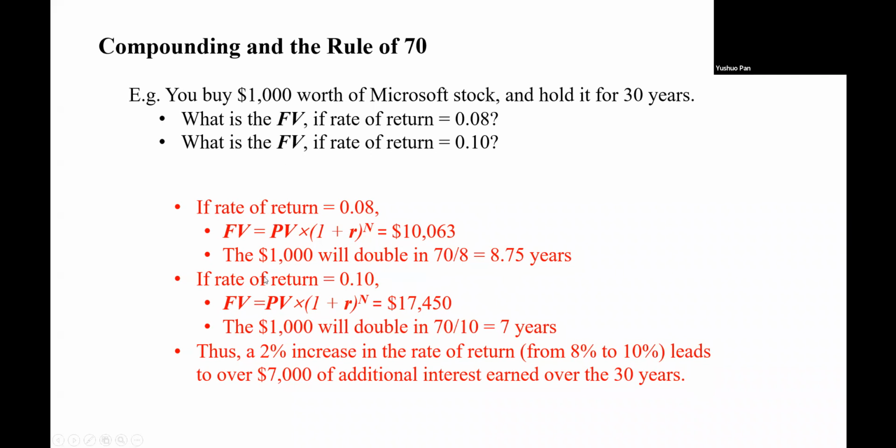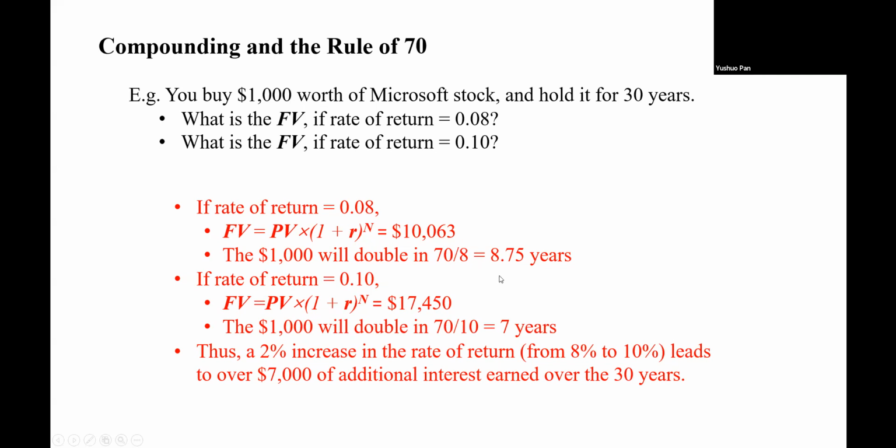So for the $1,000, how to double it? How many years do I need to double with an 8% interest rate? Use the rule of 70. You can easily get the years: 70 divided by 8. That's the rule of 70, right? 70 divided by x percent, where x is the interest rate.